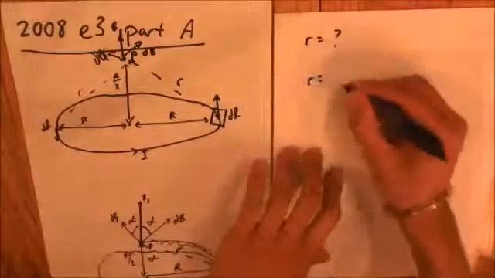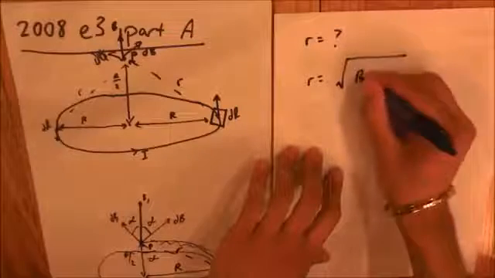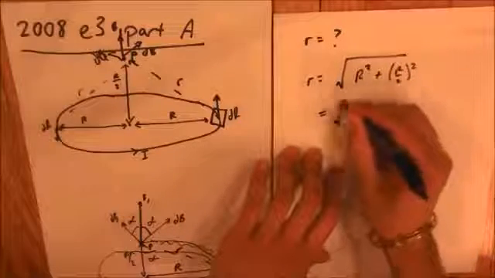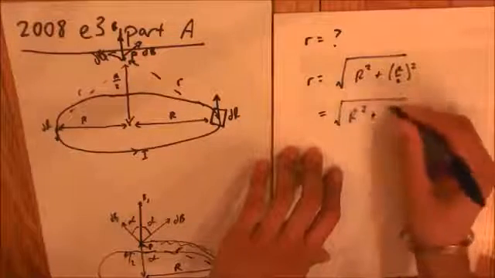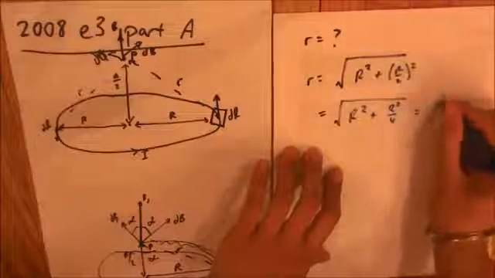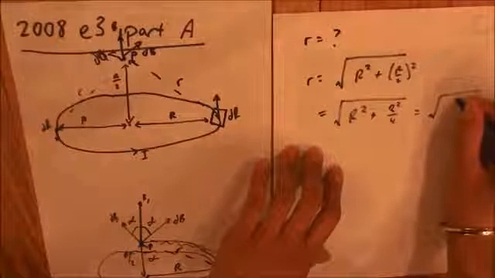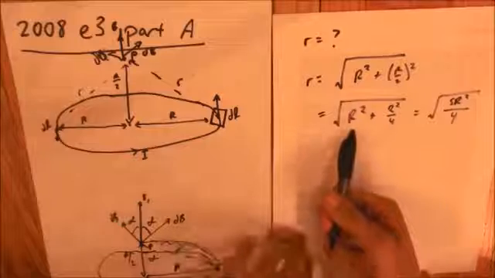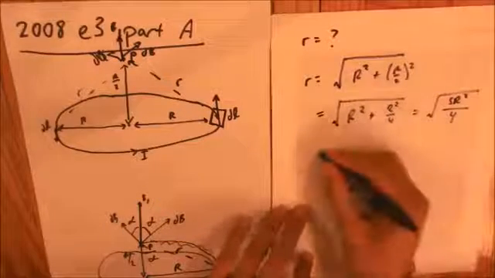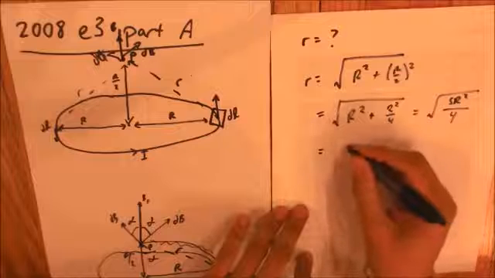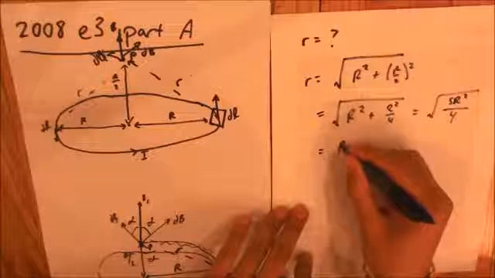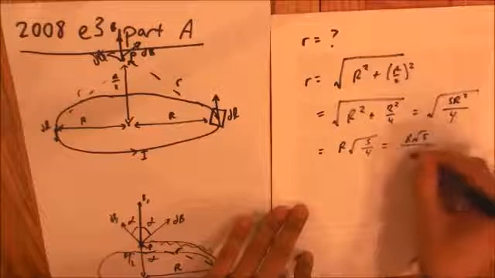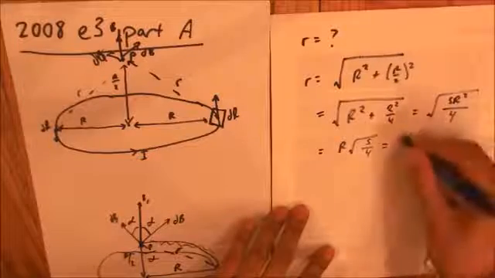So we can say r is going to be equal to the square root of r squared plus r over 2 squared, which is equal to the square root of r squared plus r squared over 4, which is the square root of 5r squared over 4. If this were just turned to 4r squared over 4, we then combine like terms. So then we can simplify and pull out this R, root 5 fourths, which is equal to R root 5 over 4. Big R root 5 over 4 is equal to little r.